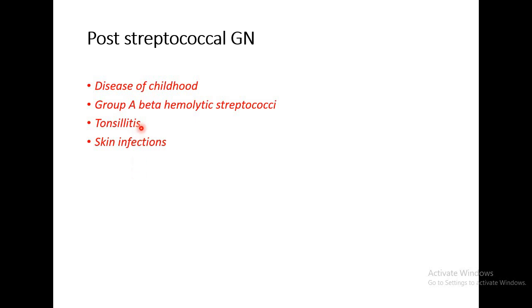And after tonsillitis, that is after around 2 to 3 weeks, that is 14 to 21 days, the child may present with signs and symptoms of nephritic syndrome, that is oliguria, hematuria, hypertension. Or if there is skin infection, the child may present later by around 3 to 6 weeks. The child may present with the same signs and symptoms of nephritic syndrome.